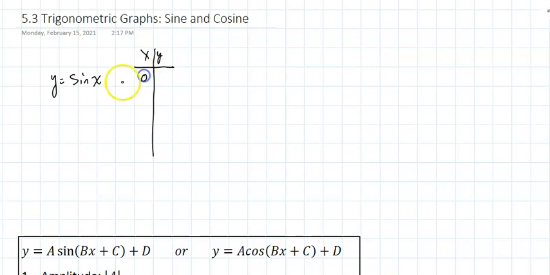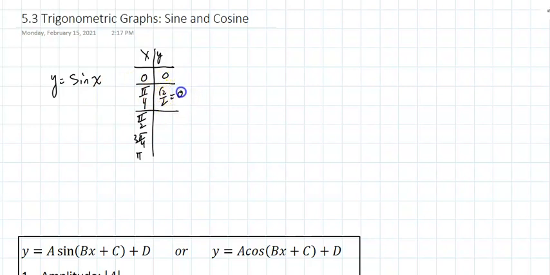So when x equals 0, when x is 45 degrees, or pi over 4, because we need to be in radians for this to work, pi over 2, 3 pi over 4, and pi, and the list goes on. But sine of 0 we know is 0. Sine of pi over 4 is radical 2 over 2.